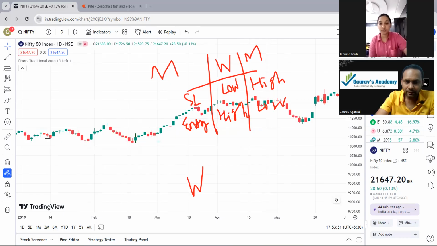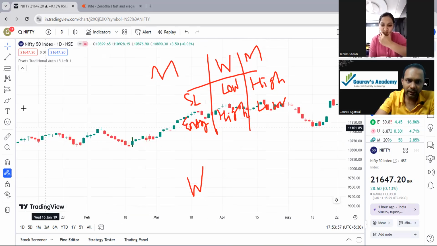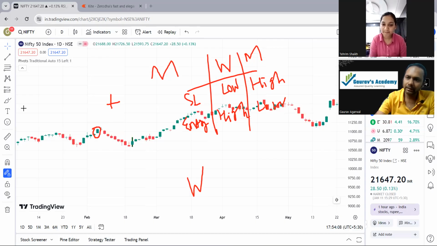Okay, logically that is correct. But if you see the size of the candle, then you should keep this candle as your target. Because I have told you now, the candle which is like this means that they have an equal number of buyers and sellers, right? So logically, you were correct.